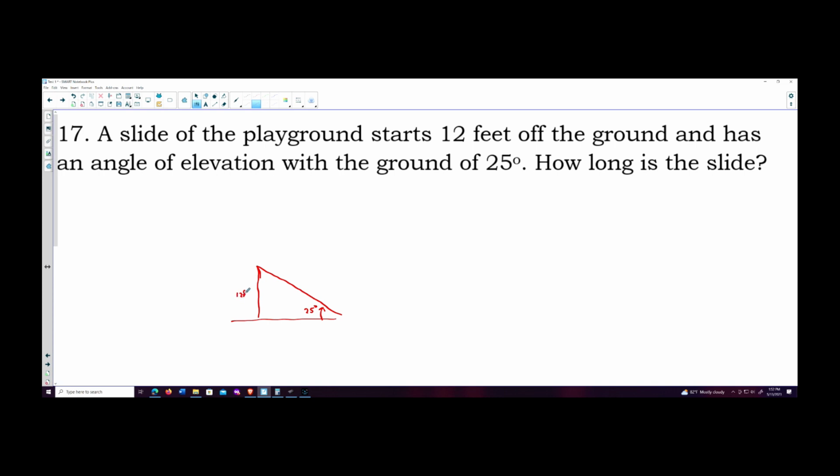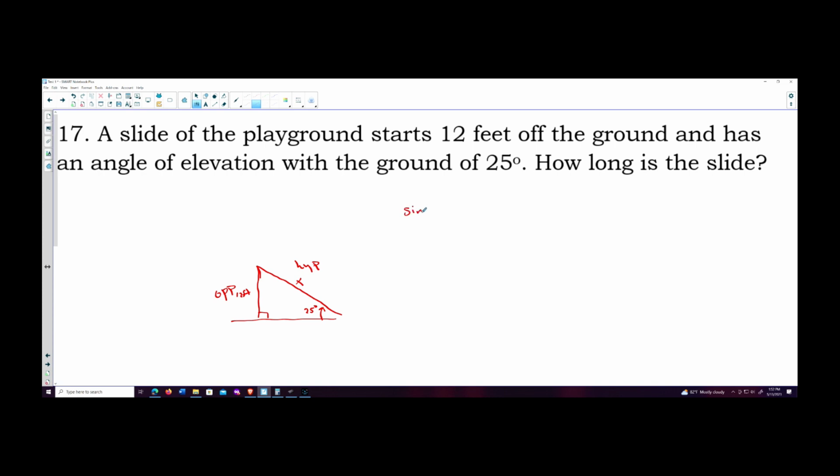12 feet off the ground, and I'm looking for the slide. This is the slide right here. So that's what I'm looking for, x. There's my 90 degrees. So this time that's the hypotenuse. This is the opposite. So I'm going to go opposite over hypotenuse. That would be the sine ratio.